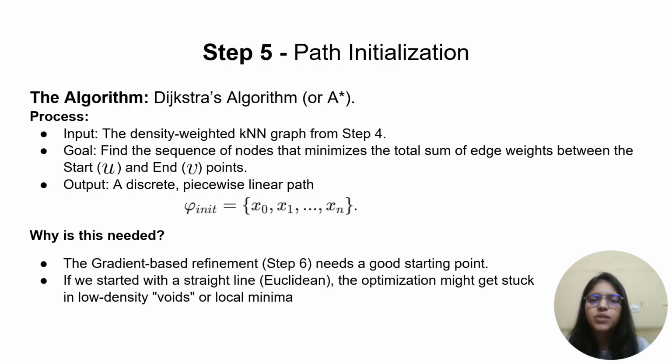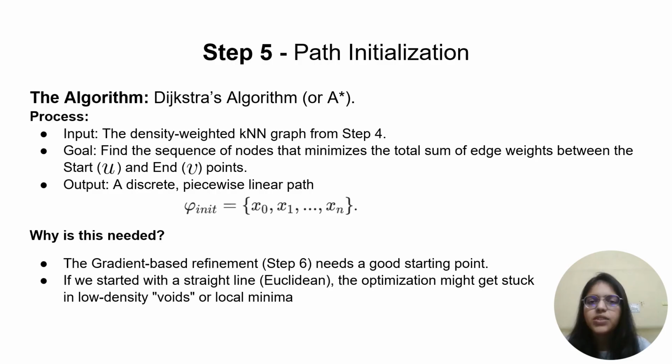This step is absolutely critical. If we simply started with a straight line Euclidean path between our 2 points, the subsequent gradient-based optimization would almost certainly fail. You may think why? Because the straight line would immediately fall into those low density voids that we wanted to avoid.